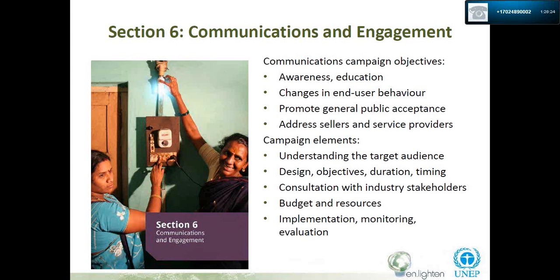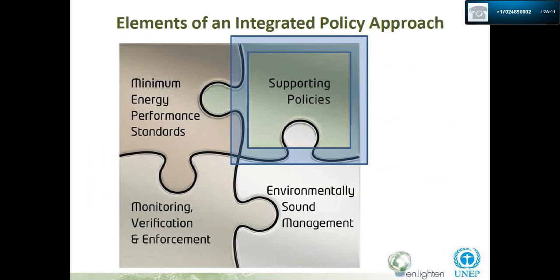The focus on the communications is really to change the end user behavior, to promote general public acceptance, and also to support the phase-in as it moves through a number of time periods and different activities during those time periods. Next slide. So communications is one of those very important supporting policies. Next slide.